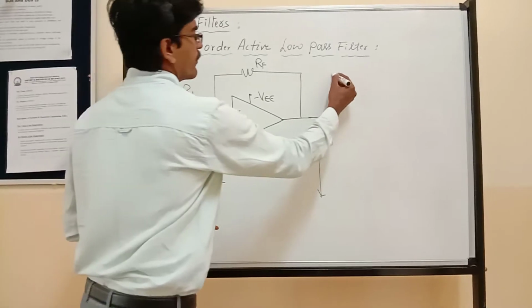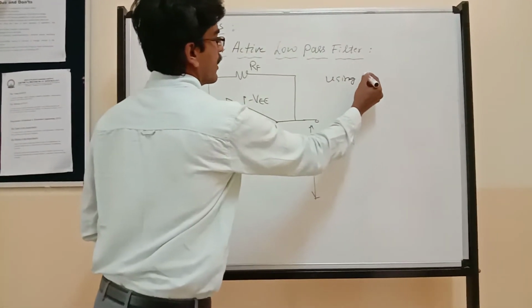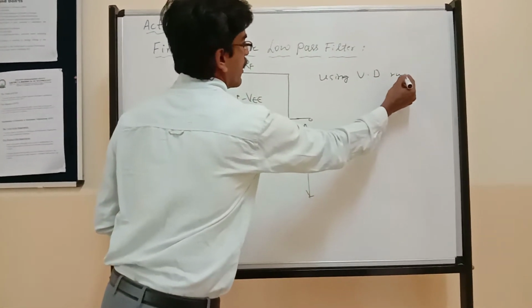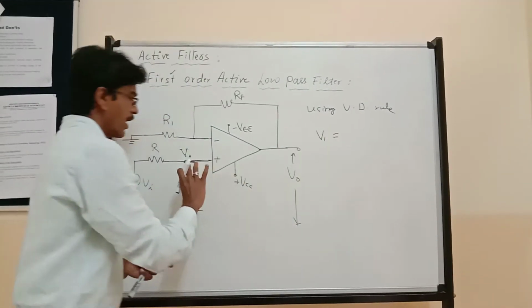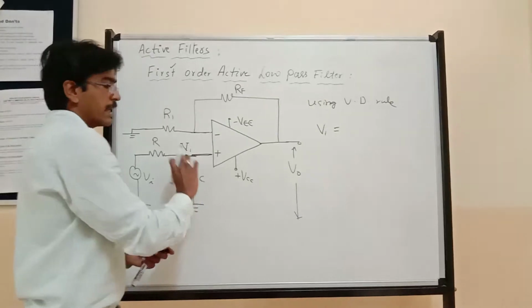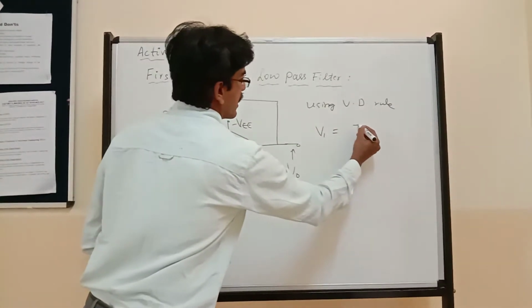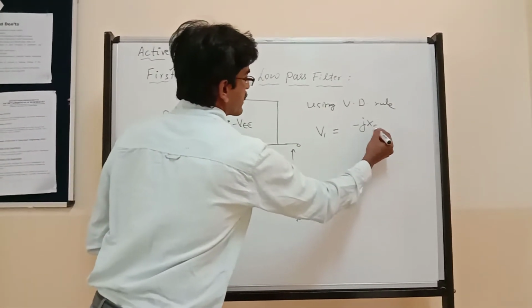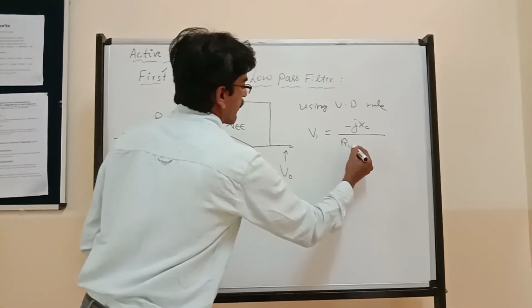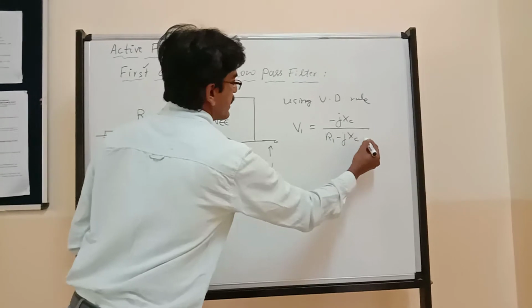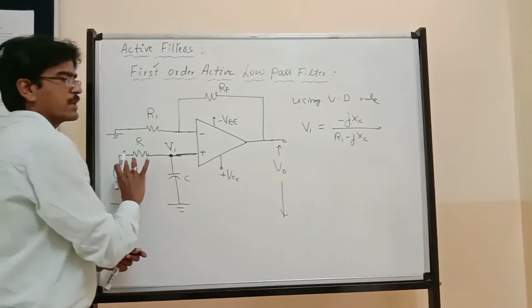Now, using the voltage divider rule, I want this voltage. V1 is equal to, how to represent this element, the reactance of the capacitor, that is minus jXC, divided by the sum, that is R1 minus jXC, into what is the voltage here?